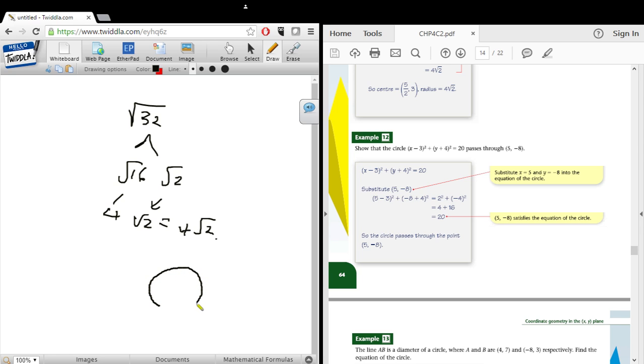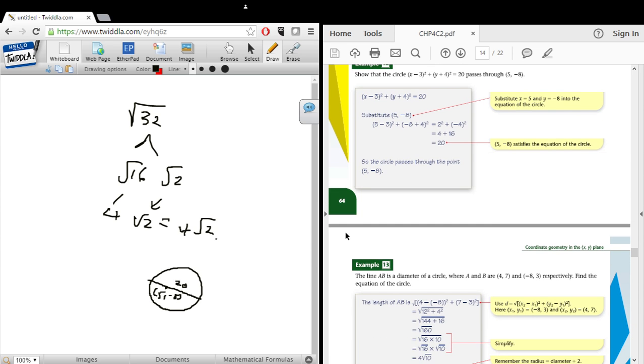So essentially what this is saying is that if you have a circle and the diameter is 20, you could say coordinates in some unit length, okay. If you take this point 5 and minus 8, let's say it's that one there, and put those coordinates into the equation of the circle and you have a number which is less than 20, or 20 for that matter, then the circle passes through that point.